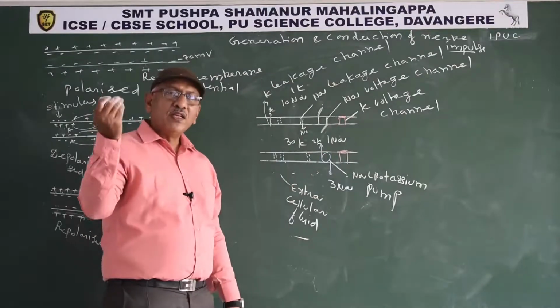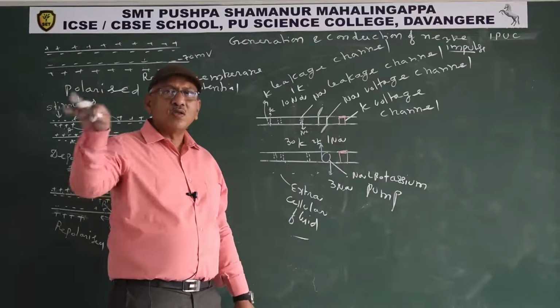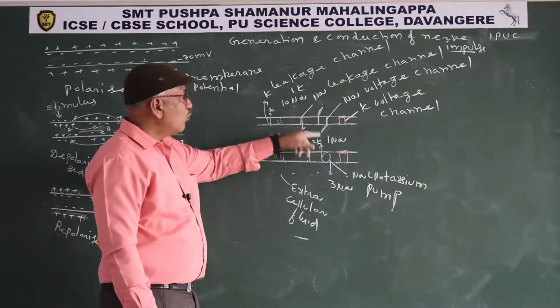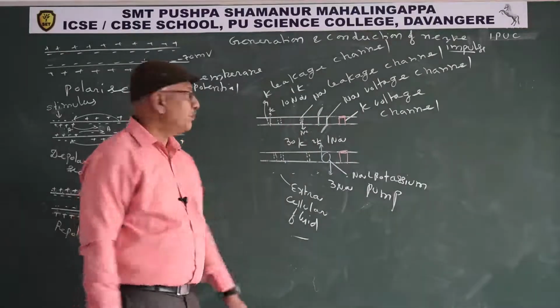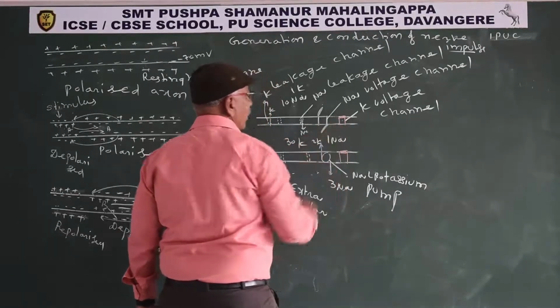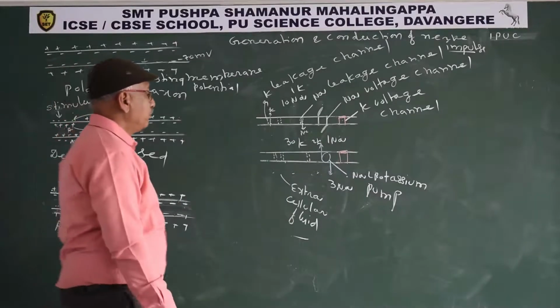If we open both, any person can enter or go out of the flat. In the same manner, if both gates are open, then only sodium ions enter into the axoplasm. The potassium voltage channel contains only one gate, the activated gate of potassium.